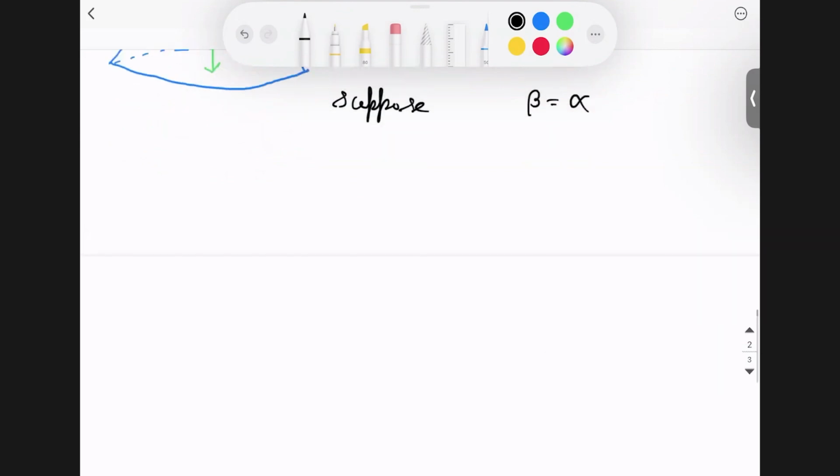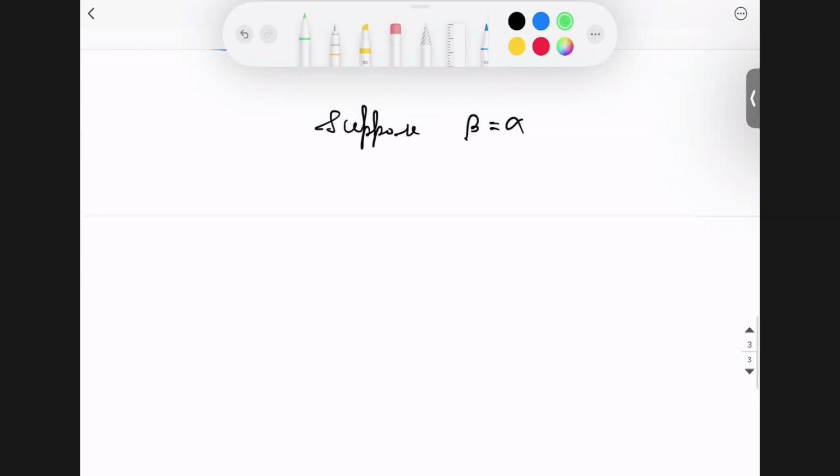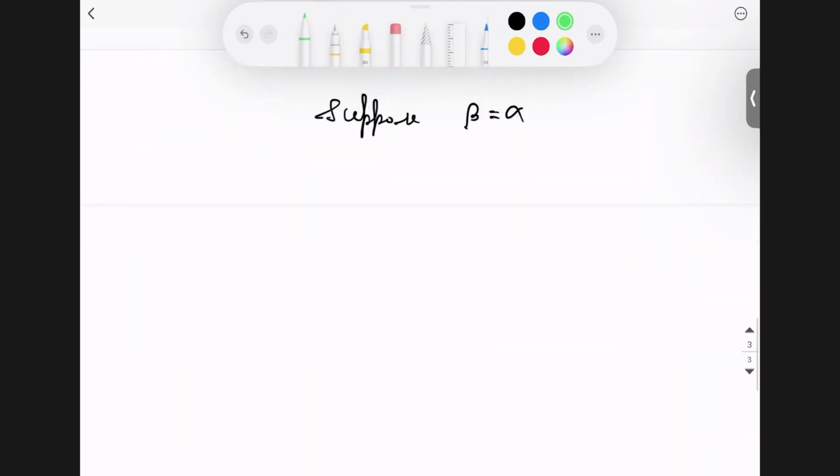In that case, we can see two different types of cases. So let's start a new page. Up to here, I hope this is clear. This is the green line, which is the fixed axis.